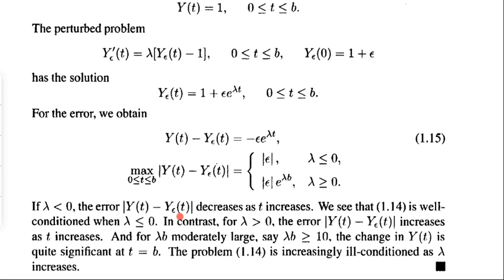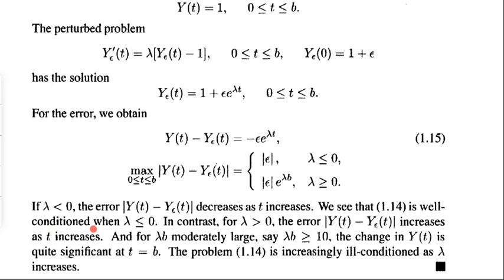In the case lambda is less than 0, when t goes to infinity, this difference will go to 0. So our problem in the case lambda is less than 0 will be well conditioned, and the solution will be stable.